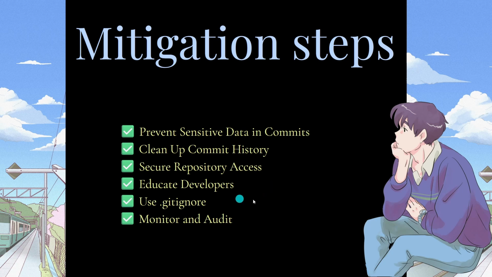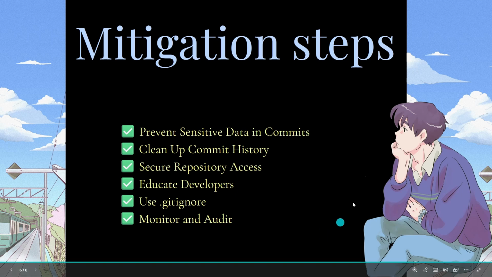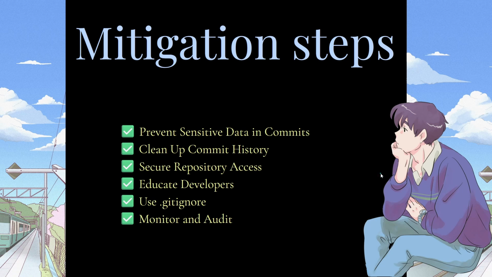Then educate the developers about the issues that version control and the commit history hold, so that they get a better understanding and avoid such scenarios. Then we have used .gitignore, and then monitor and audit. Always try to monitor such kind of events. So these are the mitigation steps that you can follow.